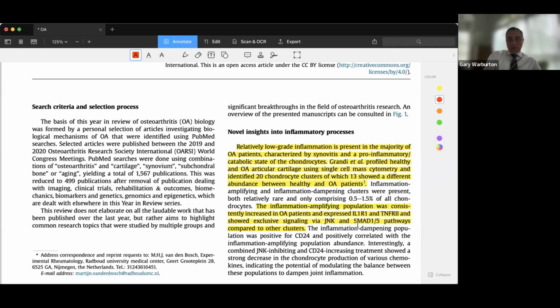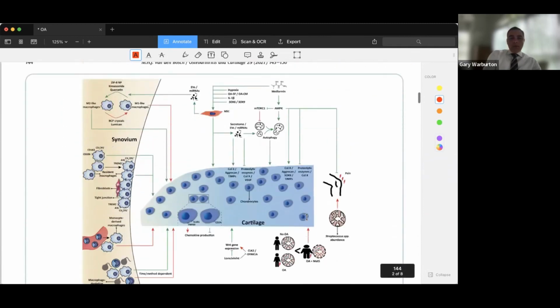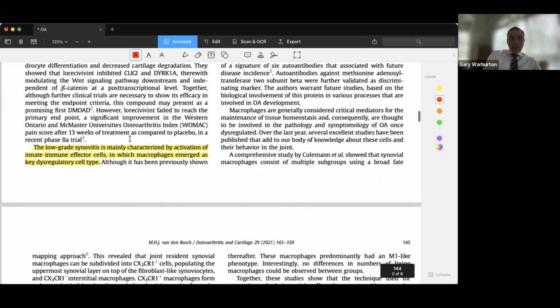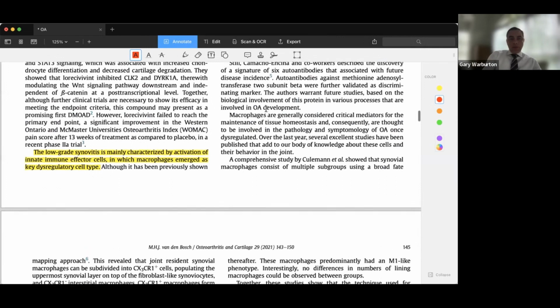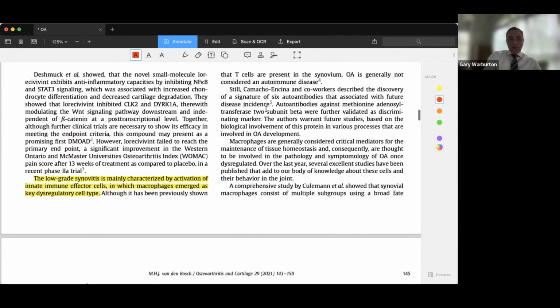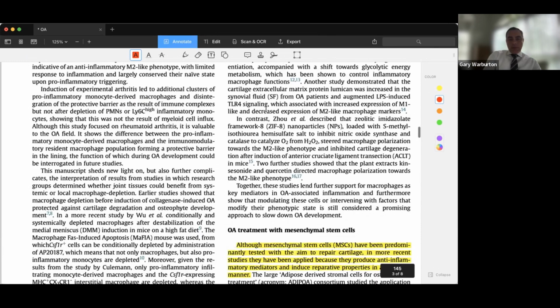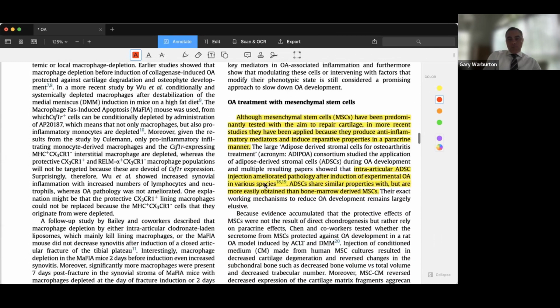And here are some of the inflammatory cytokine or cell signaling pathway changes that occurred. Low-grade synovitis is mainly characterized by activation of innate immune effector cells, in which macrophages have emerged as the key dysregulatory cell. Lou did touch on that when he mentioned the M2 macrophages. So interventions that influence the maturation or activity of macrophages may emerge as another therapeutic intervention for osteoarthritis.